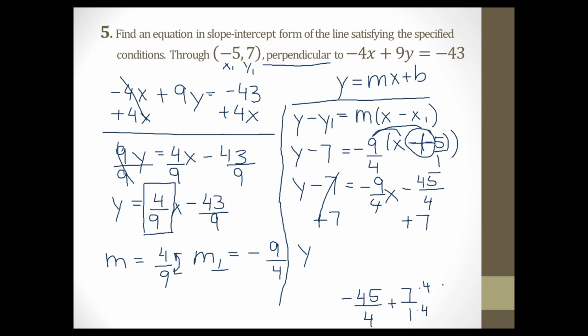That will give me 28 over 4. And now adding the 28 over 4 to negative 45 over 4 gives me negative 17 over 4. So y equals, first of all, my slope, negative 9 over 4x, and then negative 17 over 4.